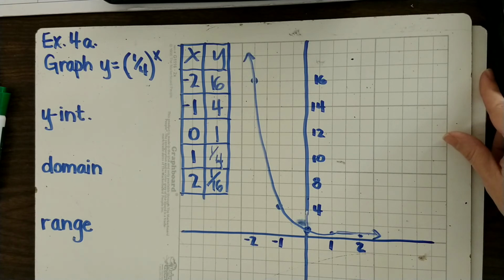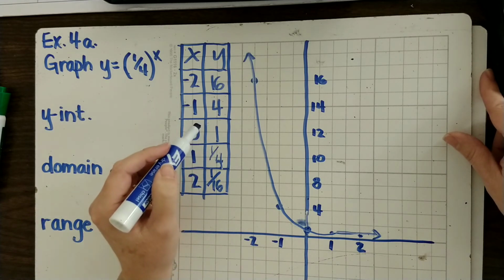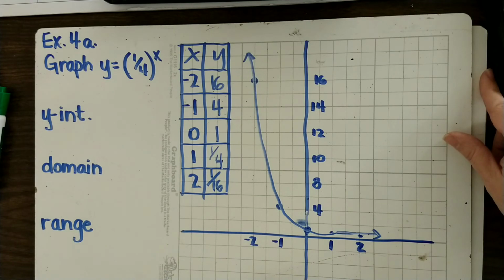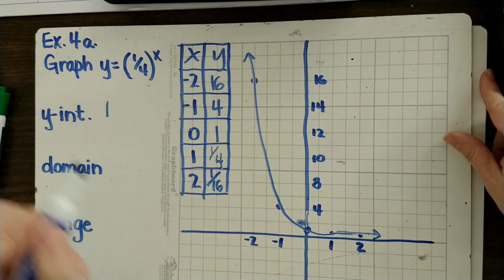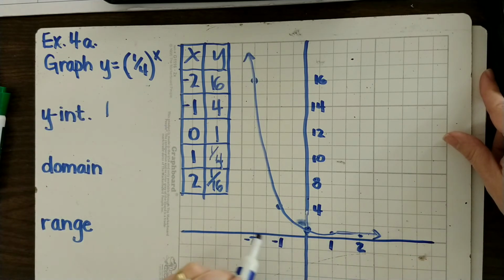So what is the y-intercept? You can look at your table and you can look at your graph and decide, well, I think that it tells us it's at 1. Domain. What does it look like is happening along our x-axis? We have negative values, we have positive values.